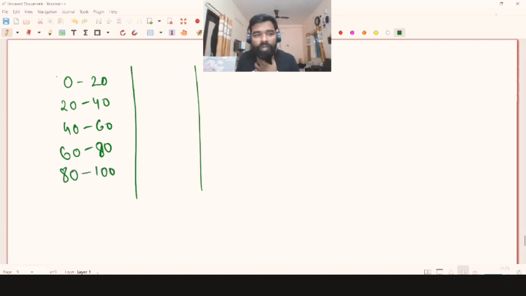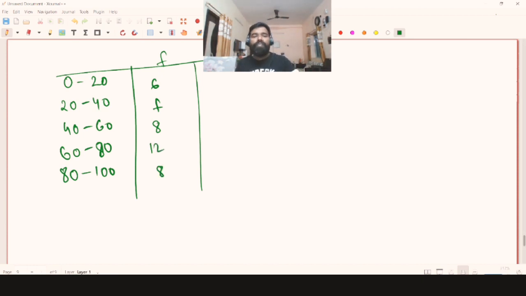And then you have frequency: 6, then F, then 8, then 12, and then 8. In the question, it is given that the mean is 50, and we have to find F, the missing frequency.